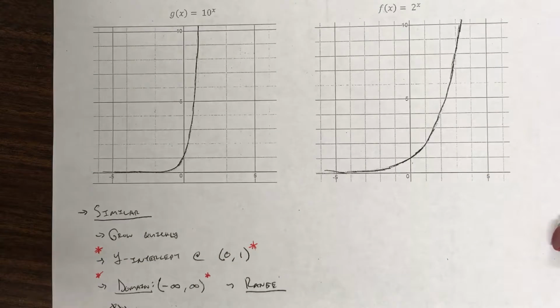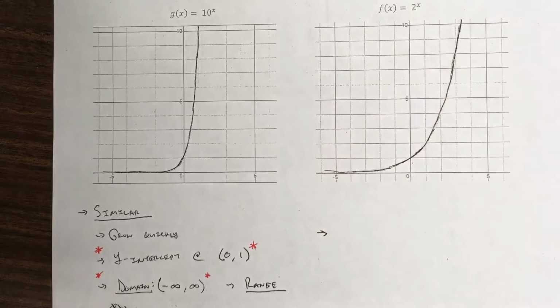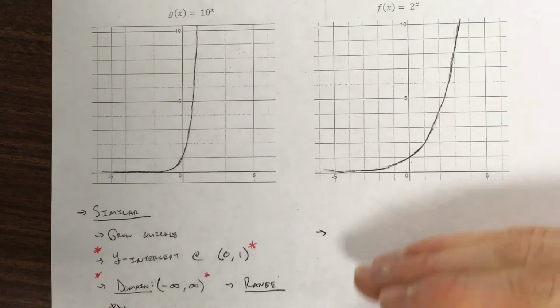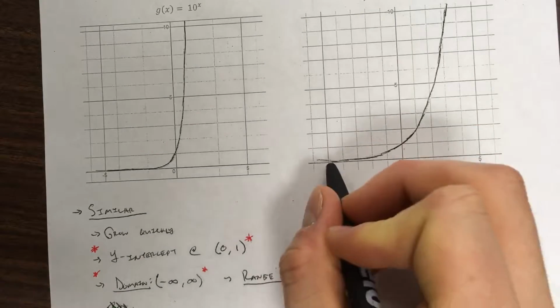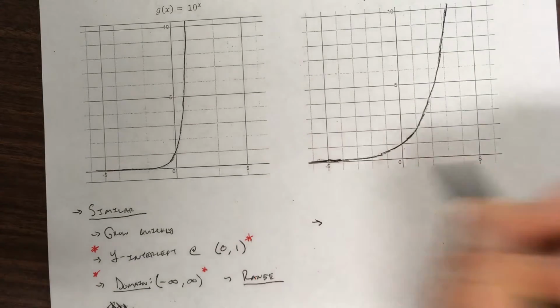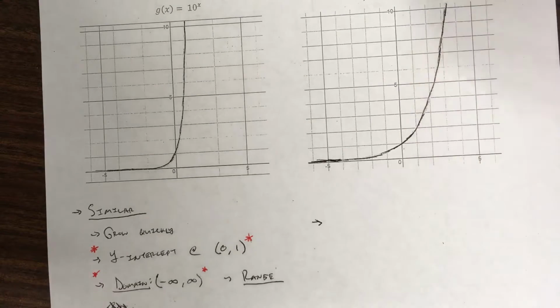Now the range, and this will probably actually lead us to another thing, so I'm going to make another bullet point over here. Our range, so if we go from the bottom up, we can see that the entire graph is from 0 and above.